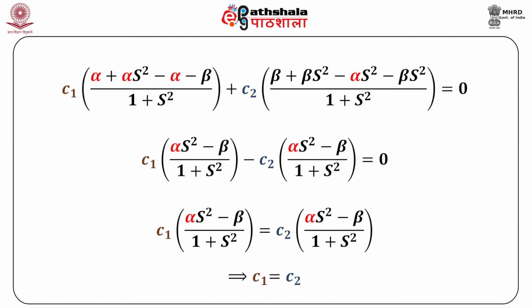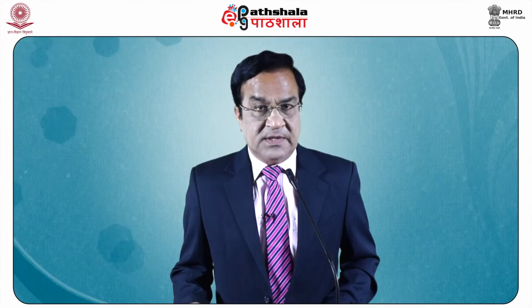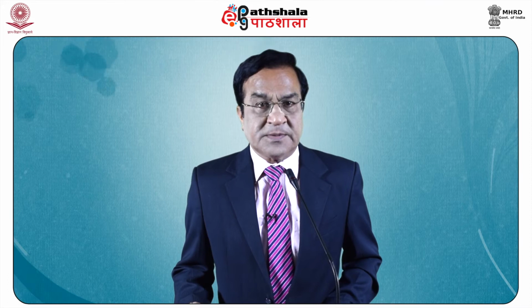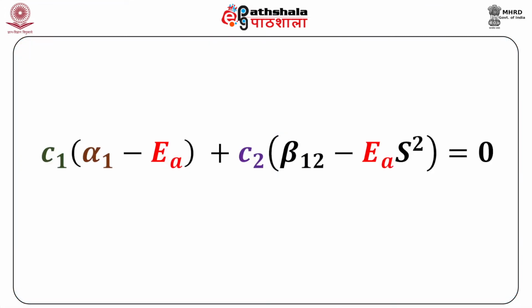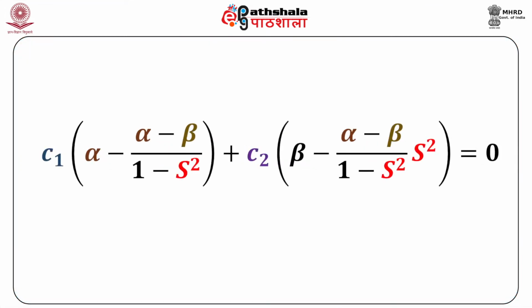Now if we simplify this equation, we get C1 is equal to C2. That means the two coefficients are equal. In an identical way, if we substitute Ea minus in equation A, one gets C1 into bracket alpha minus alpha minus beta upon 1 minus S square bracket closed, plus C2 into bracket beta minus alpha minus beta upon 1 minus S square bracket closed is equal to 0.